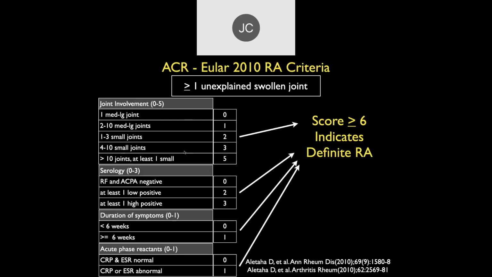If you add these up, and the score is equal to or greater than 6, that is considered a definitive diagnosis of rheumatoid arthritis. These were published in 2010 in the Annals of the Rheumatic Diseases and Arthritis and Rheumatism. So that's, as far as I know, the current diagnosis.